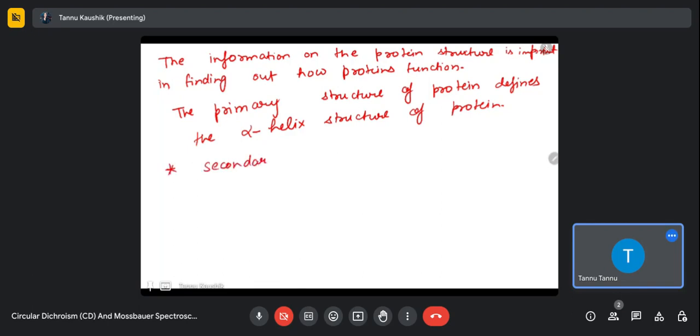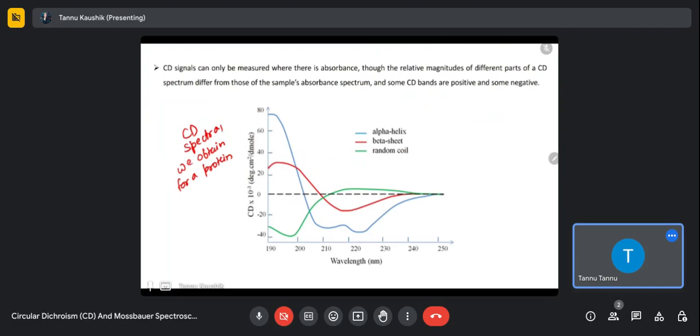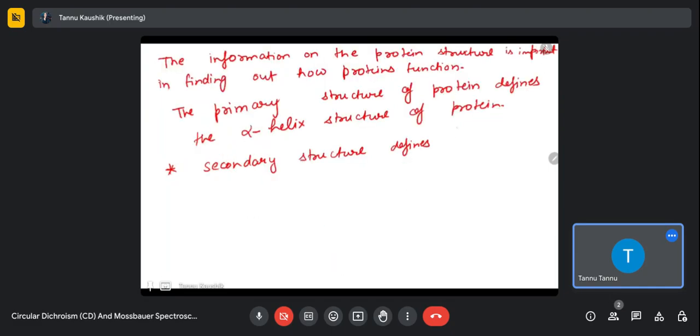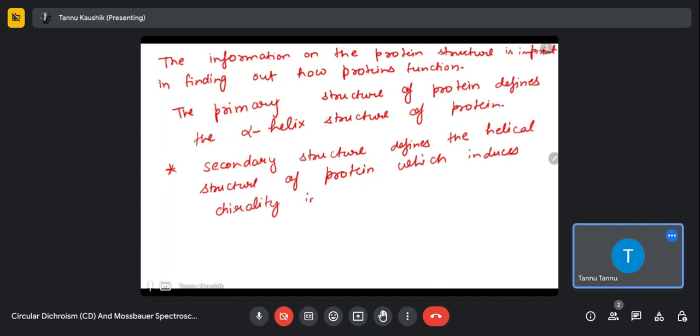And the secondary structure defines the helical structure of the protein, which induces chirality in the molecule.